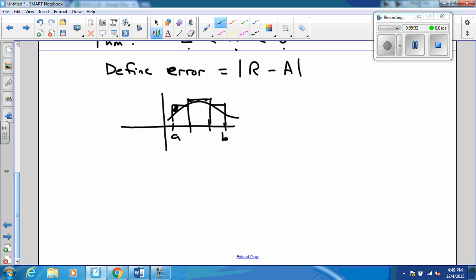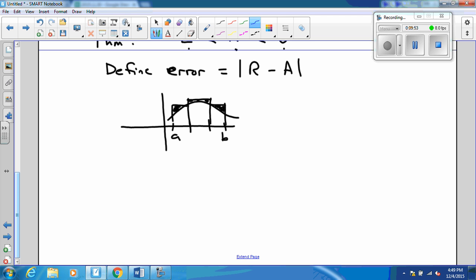There we go. Then the error is going to be the amount that my Riemann sum overestimates or underestimates the net signed area. It's all the shaded stuff that you see right here. And what we would love to do is to drive that error down to 0 if we can.